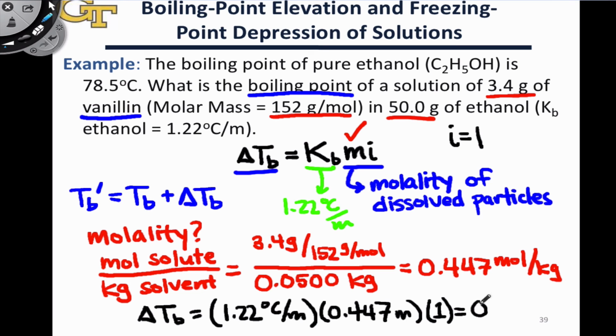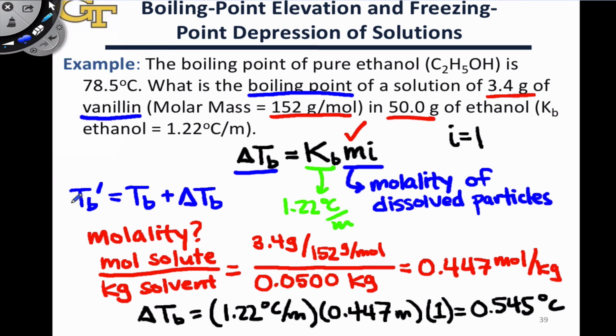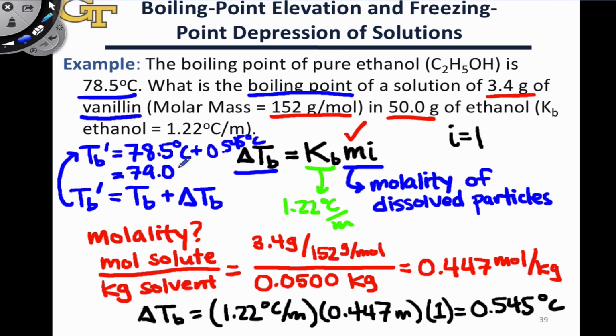This comes out to 0.545 degrees C. And now we can simply apply the relation we found earlier for the boiling point of the solution based on delta Tb and the pure substance boiling point. To find that, the boiling point of the solution, we're going to take the boiling point of the pure stuff, 78.5 degrees C, pure ethanol, and add the 0.545 degrees C change in temperature, giving us a final boiling point of 79.0 degrees C.